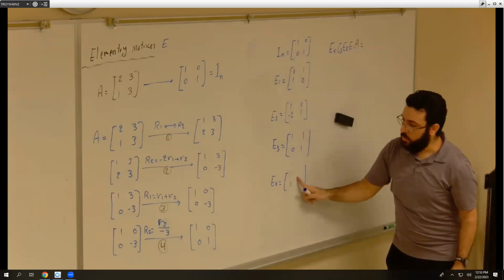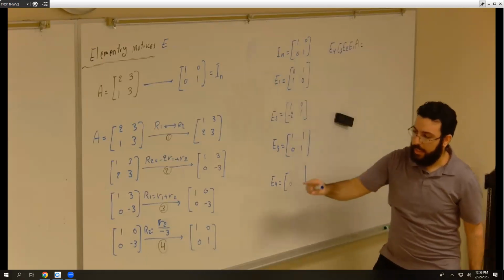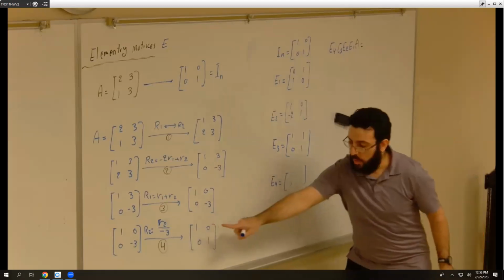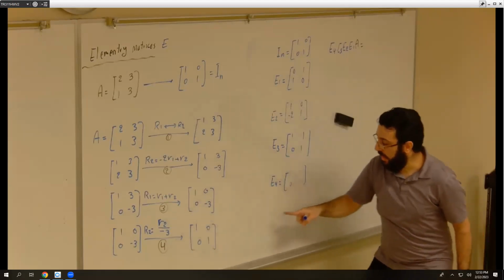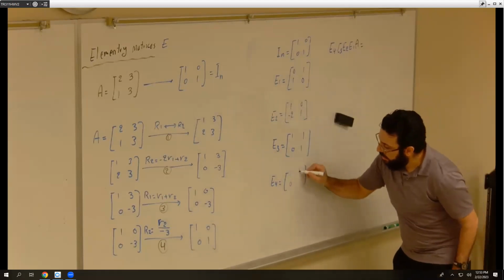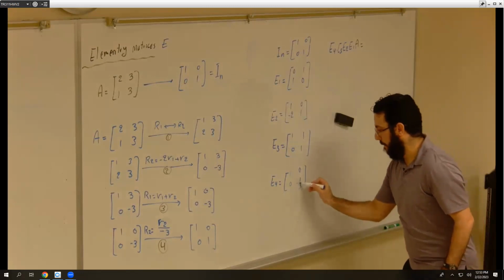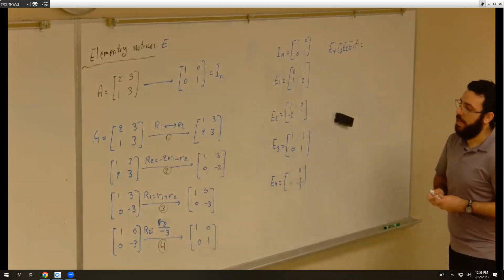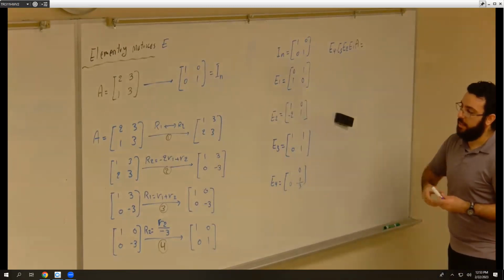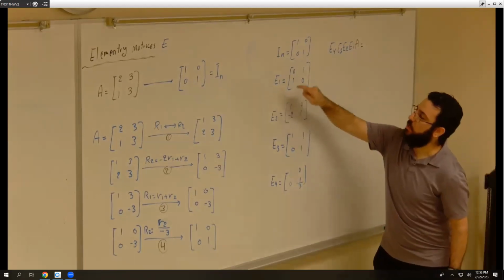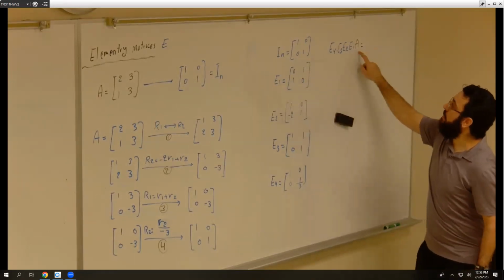What about the next one? I'm going to work with this number here. So it's a division. So I'm going to write down here 0, and here -1/3. Now go ahead. If you multiply E4 times E3 times E2 times E1 times A, how much is the result?